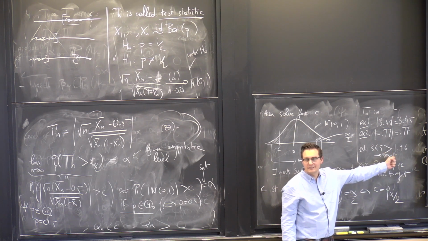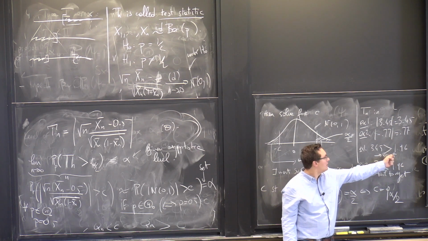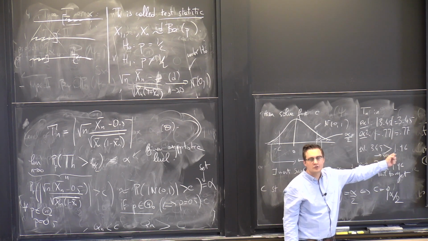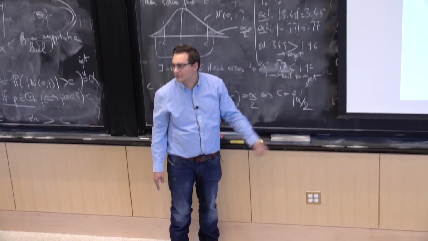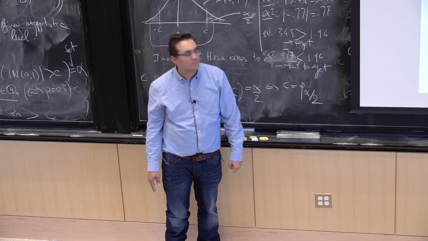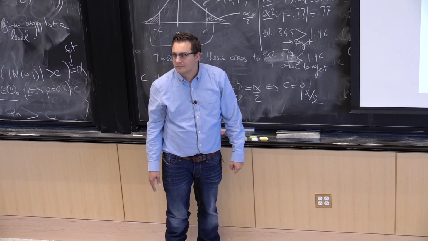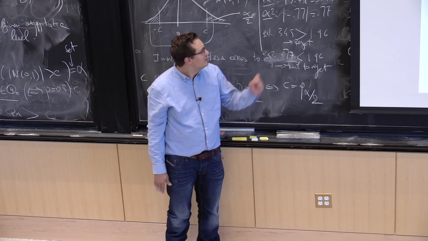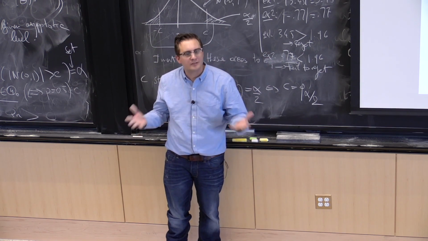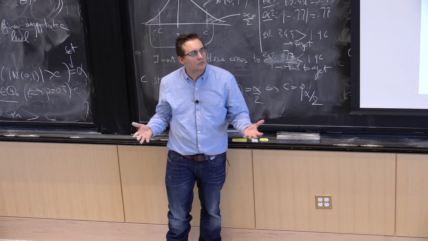C here, in the example I gave you for 5%, was 1.96. What is the smallest C I should be taking so that now this inequality is reversed? 3.45. I ask only trivial questions, don't be worried. So 3.45 is the smallest C that I'm actually willing to tolerate.